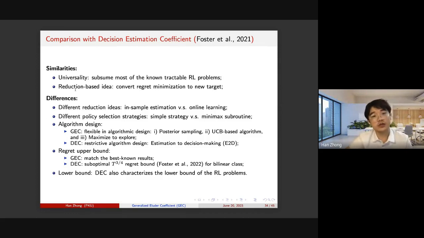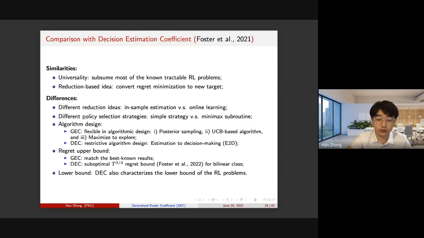And both GEC and DEC use a reduction-based idea, which means they convert the regret minimization problem to a new target. But the difference is that GEC converts the regret minimization problem to an in-sample estimation problem, but the DEC converts the regret minimization problem to another online learning problem. And the policy selection strategies are different.